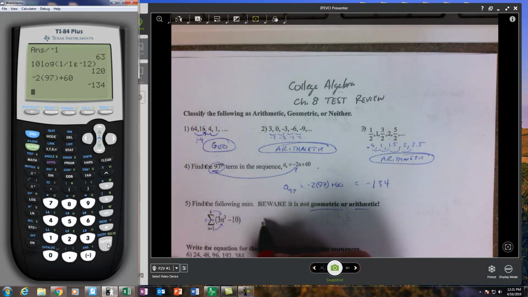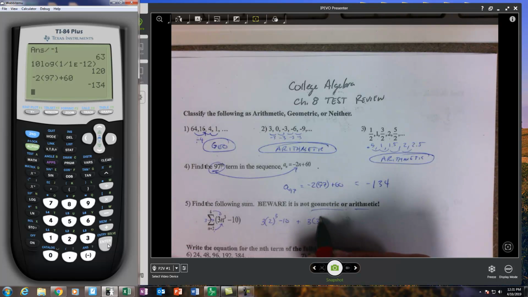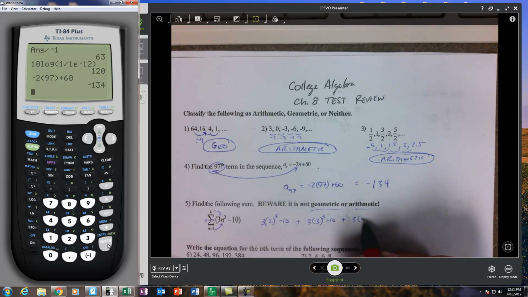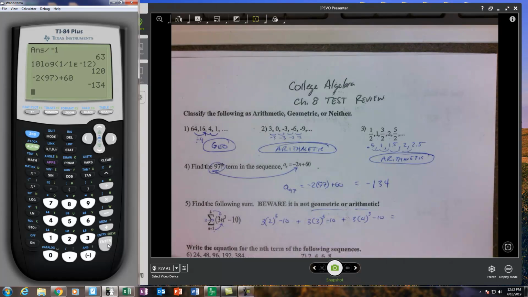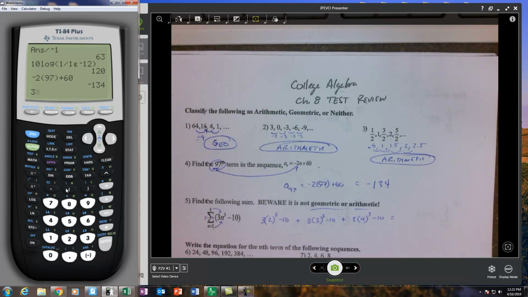So if I put 2 in there, that's 3 times 2 cubed minus 10, plus 3 times 3 cubed minus 10, plus 3 times 4 cubed minus 10. All of this should add up to give me my answer. So 3 times 2 to the third minus 10 is 14.